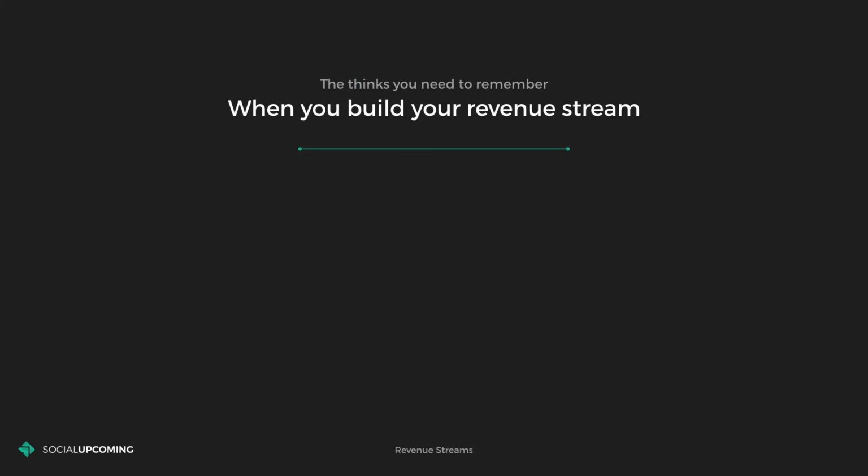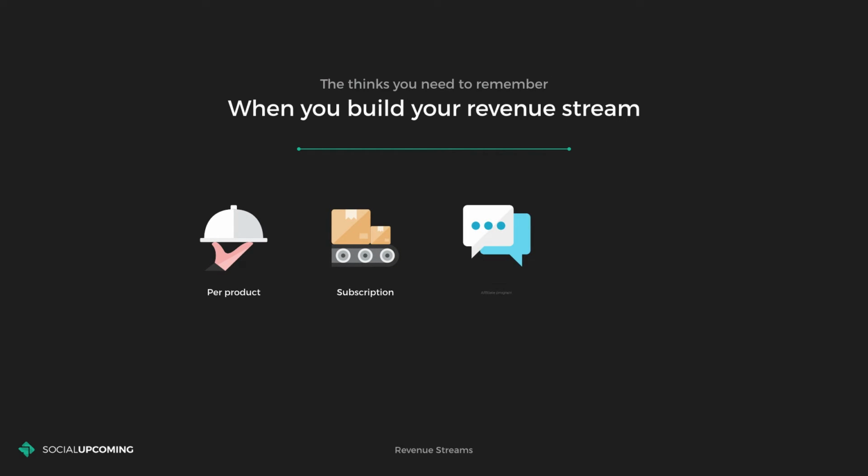So the things you need to remember when you build your revenue streams are: do you charge per product? And how do you charge per product? And how much? Do you have a subscription system on your website or in your business so that you charge people monthly or yearly or quarterly in order to get different products? An example of this is Dollar Shave Club.